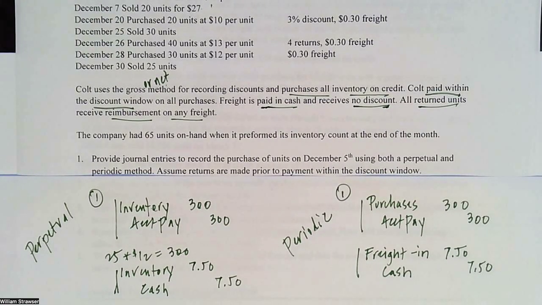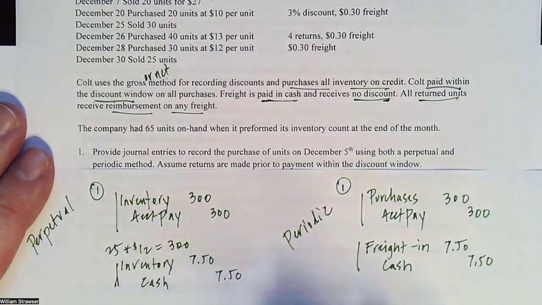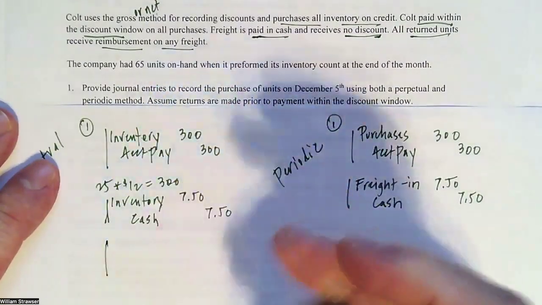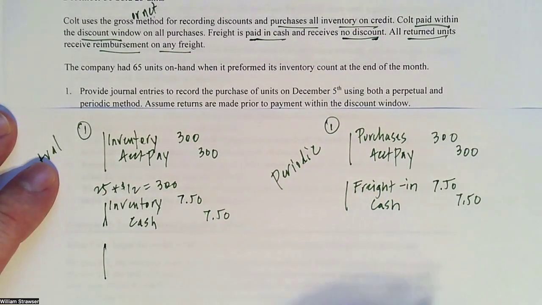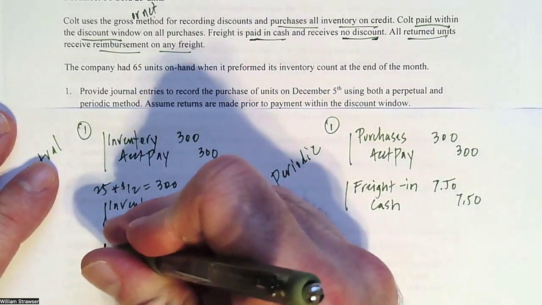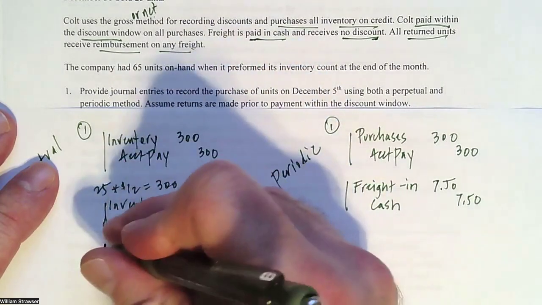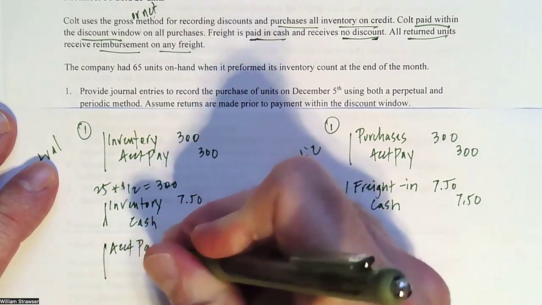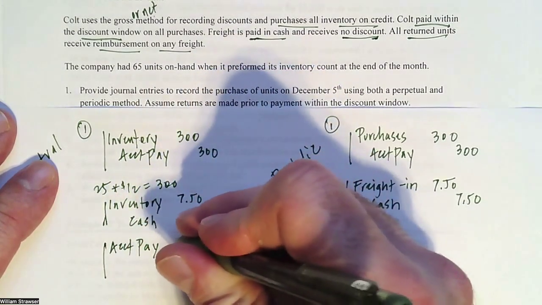Now, we returned 2 units, and remember, we were reimbursed freight. So for those returns, because we're doing the gross method, I'm going to value each at $12. Under the perpetual method, the return reduces my accounts payable. I don't get cash for the inventory returned.